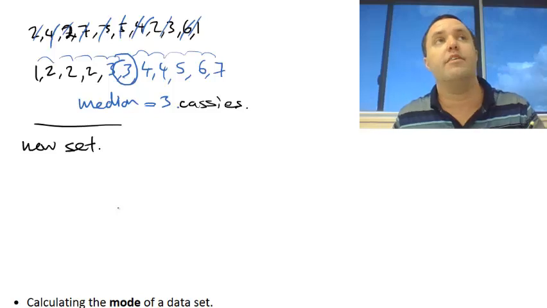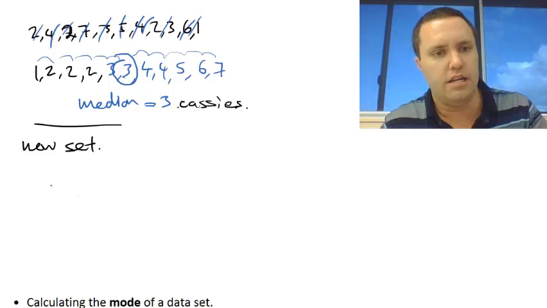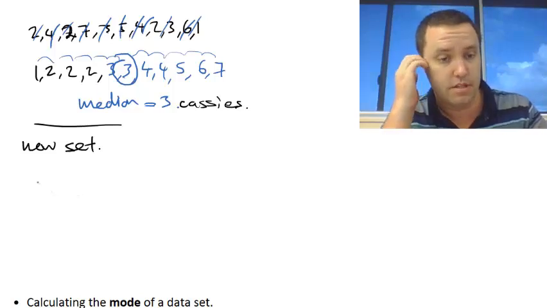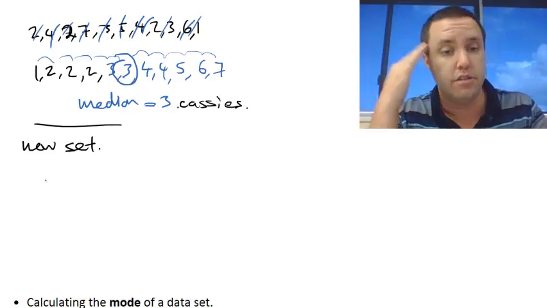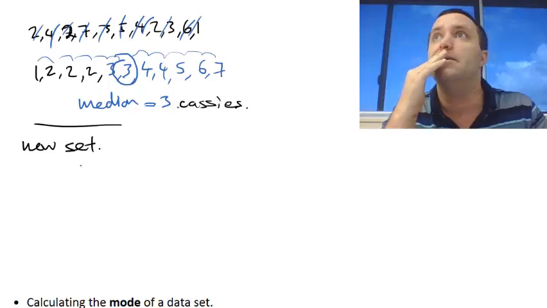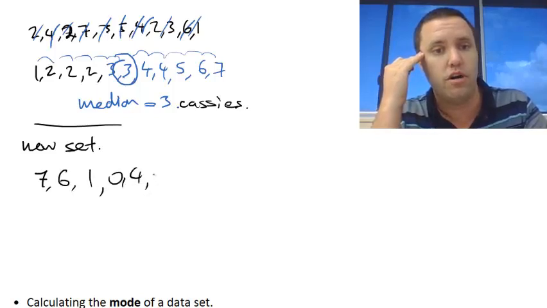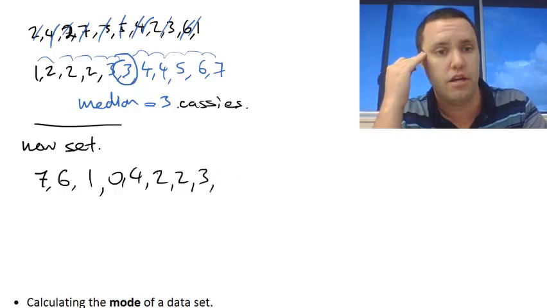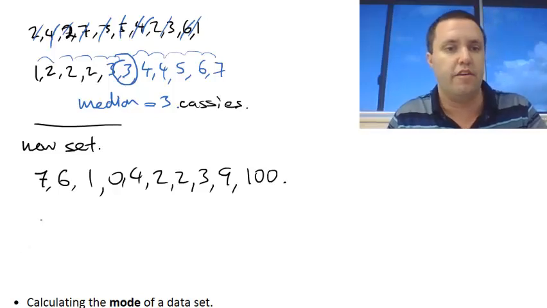A new data set: the number of kittens owned by Sinead, and let's say that we interviewed 10 Sineads, and we had 7 kittens, 6, 1, 0, 4, 2, 2, 3, 9, 100.